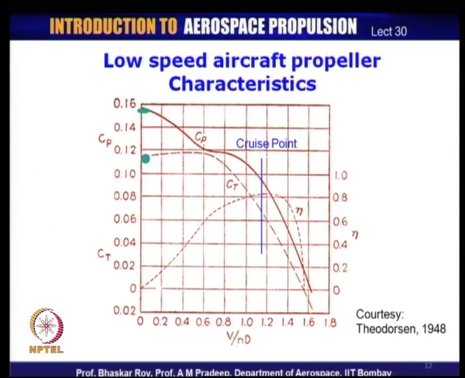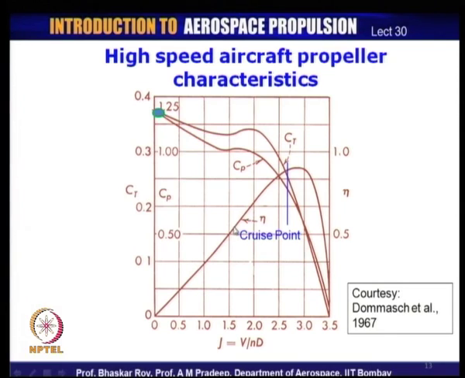So, good propeller efficiency is often obtained near the cruise, whereas as you can see here, during the takeoff the propeller efficiency is indeed quite low, but you operate there for a very short period to create high thrust, of course, using high power.